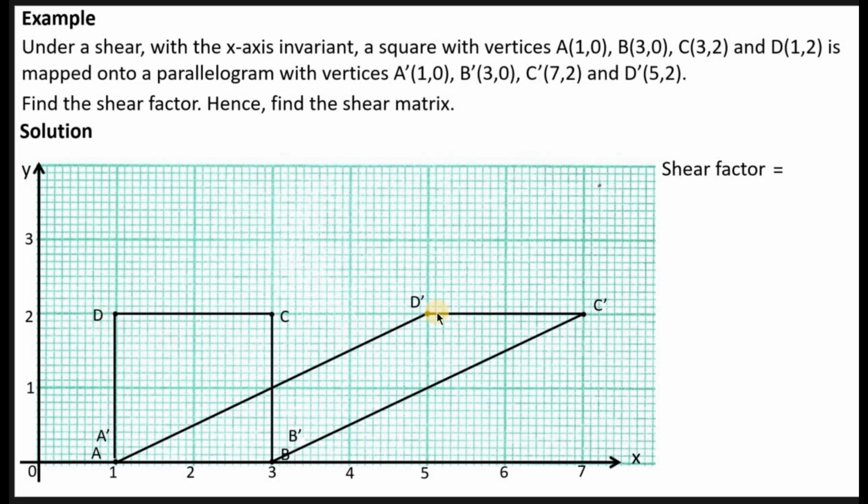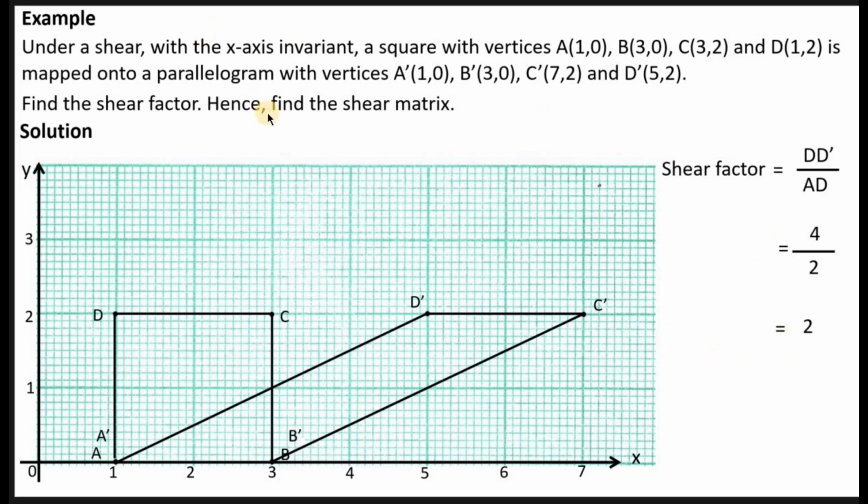If I pick this one, I'll say D to D' over A to D. From D to D' I have 1, 2, 3, 4 as the distance, so I put 4 over 2. For AD I have 2, so I divide and get 2. So that is our shear factor: the shear factor equals 2.